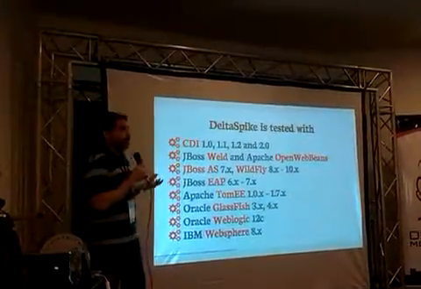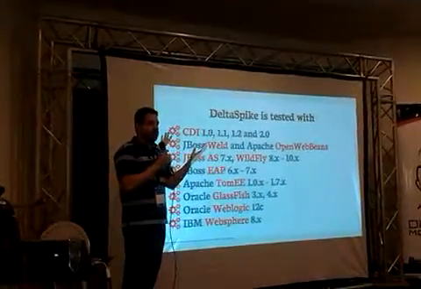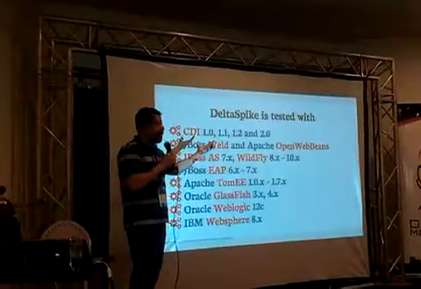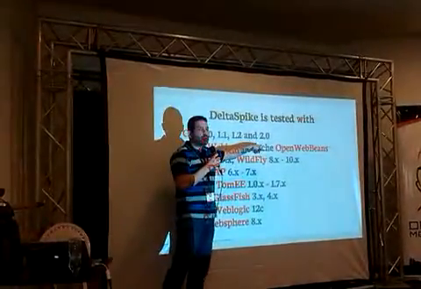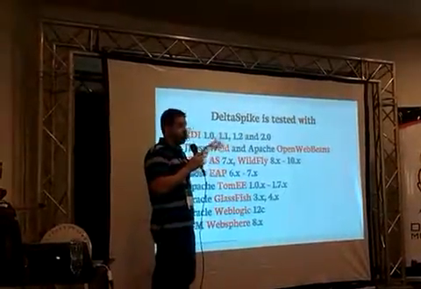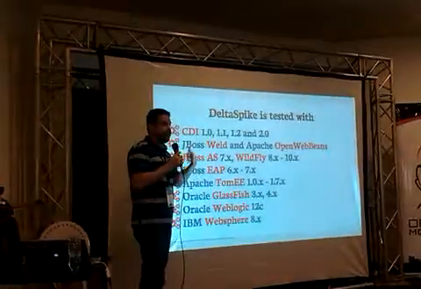Well, it's interesting to say that DeltaSpike is well tested with different versions of CDI, including the 2.0 version of the specification, which is not final yet, it's being developed.